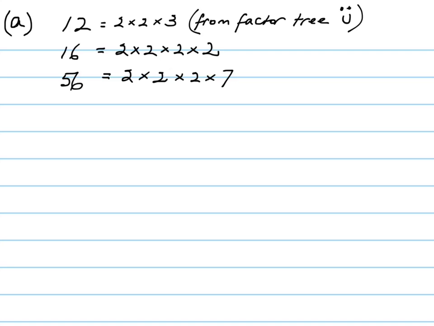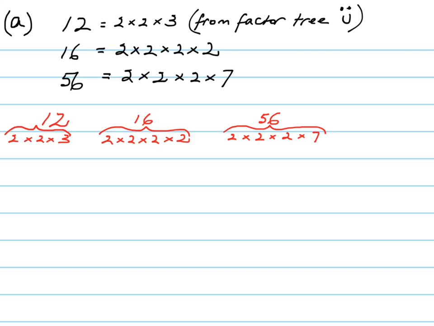Let's go over the page. There we've got those numbers and their building blocks, and let's just write it all out. There's 12, there's 16, and here comes 56. Now let's start picking off the common factors. Those 2's are common to everything, so that goes as part of our highest common factor.